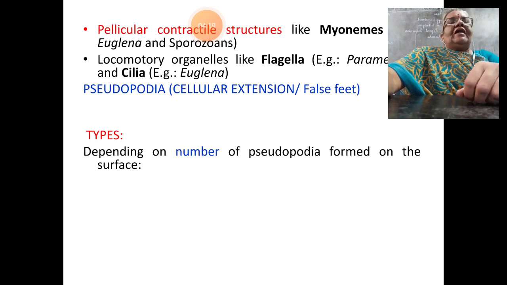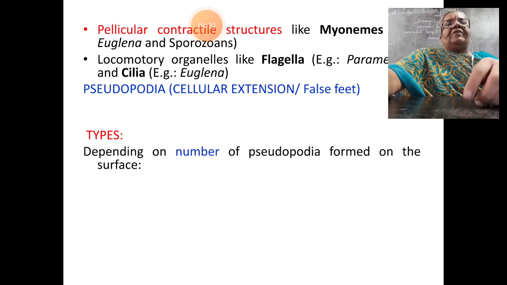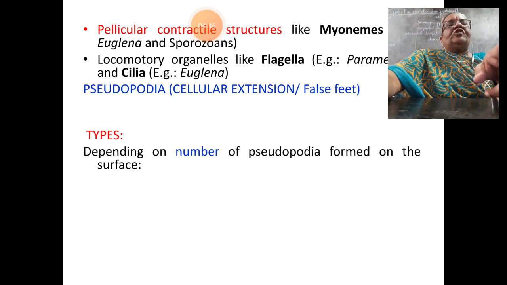Then locomotory organelles like flagella, as you see in paramecium, flagella as you see in euglena, and cilia as you see in paramecium. Sorry for the small mistake here. Flagella are the locomotory structures in euglena and cilia are the locomotory structures in paramecium. Just exchange the terms or the places.